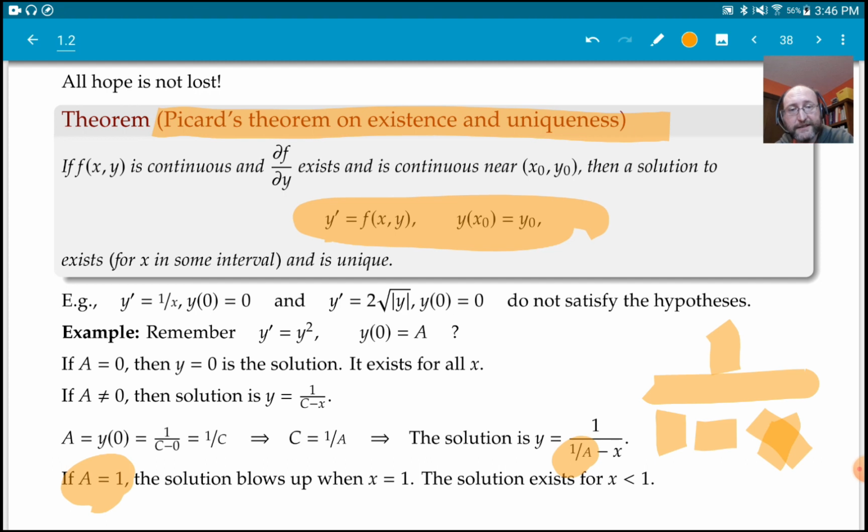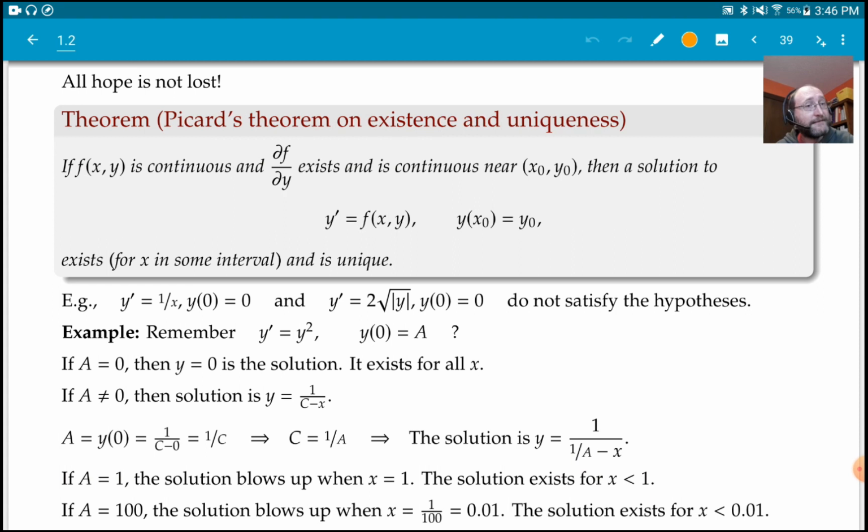For example, here, it's the entire interval from minus infinity to 1, an interval where 0 lives inside. And we get a solution there, and it's the unique solution. So you might not get it everywhere, but at least locally we always know that we can get a solution. That's the power of Picard's theorem. It tells you exactly when you have solutions, and it's easy to check.